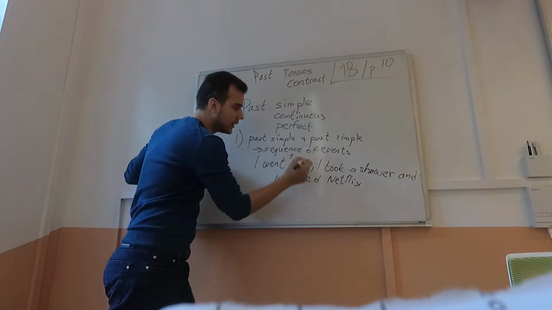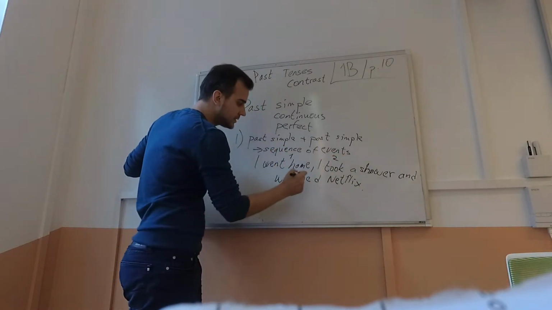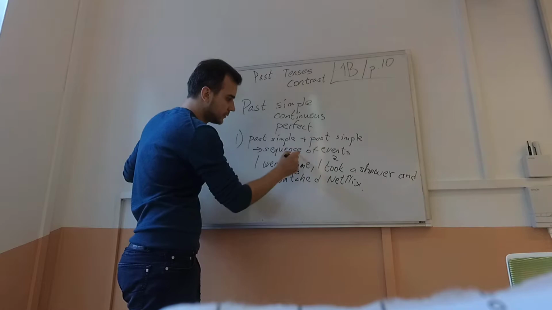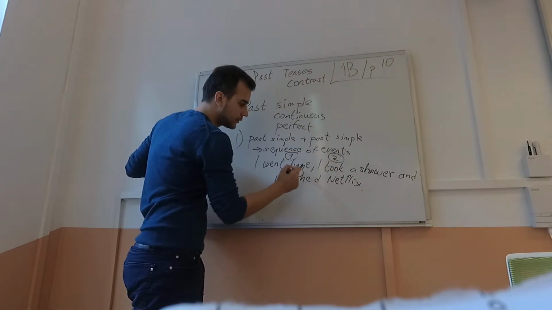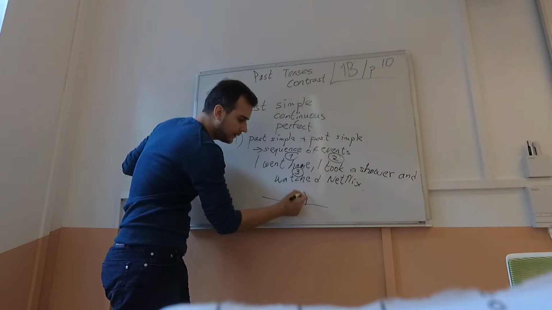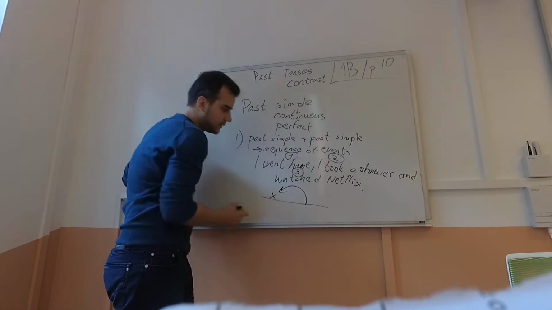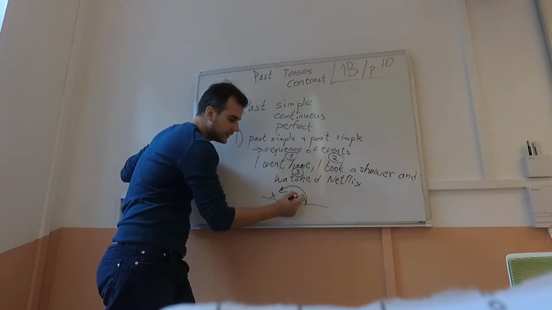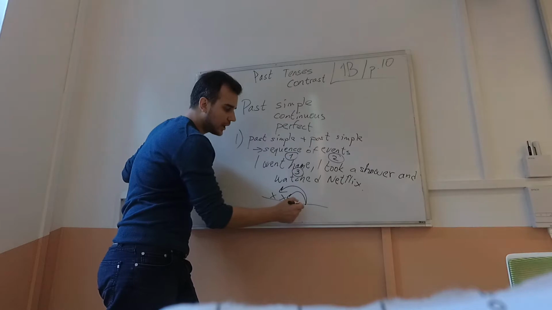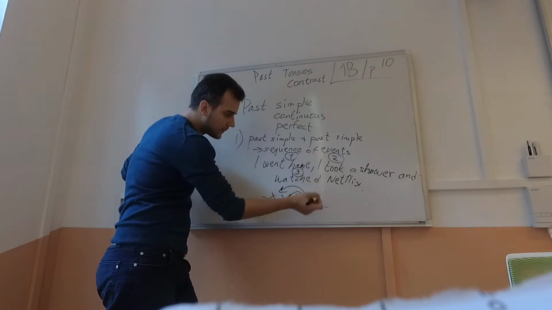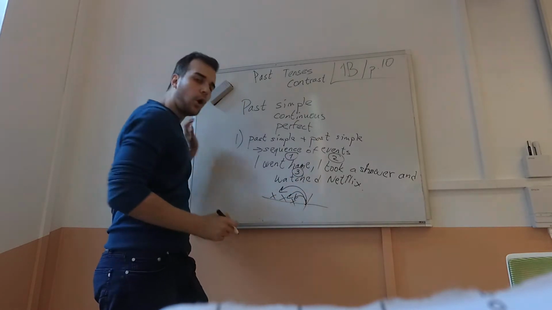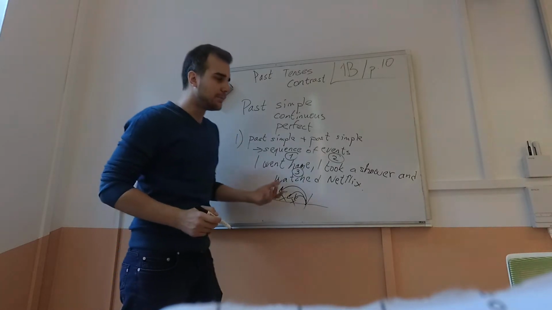So this is action 1, this is action 2, this is action 3. If you look at the timeline, 1, I went home. The second, I took a shower. And the third, I watched Netflix. All these 3 are in a clear past.